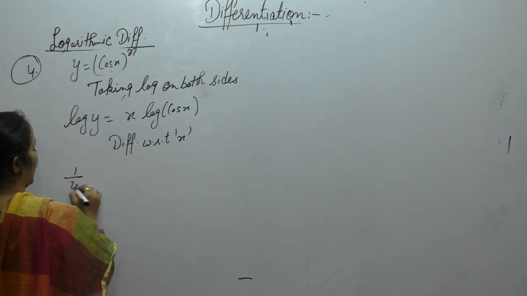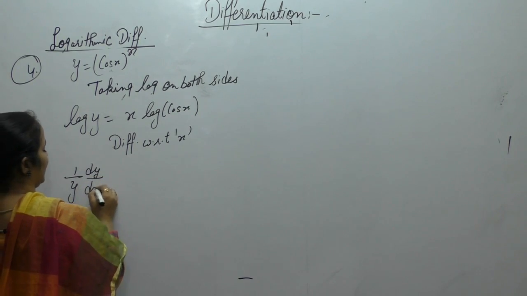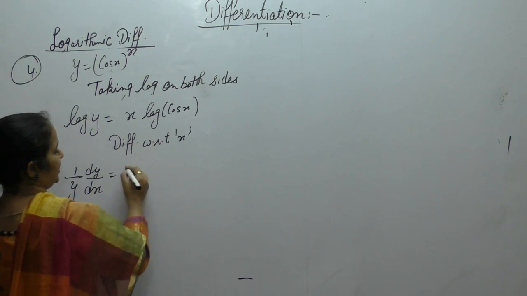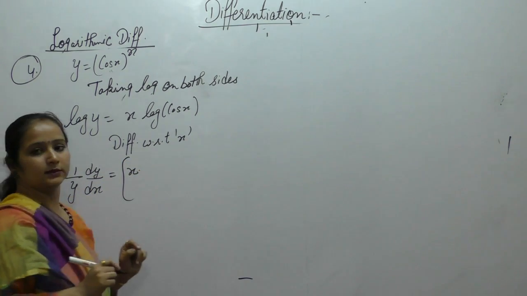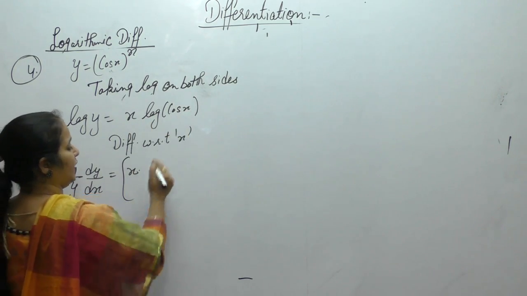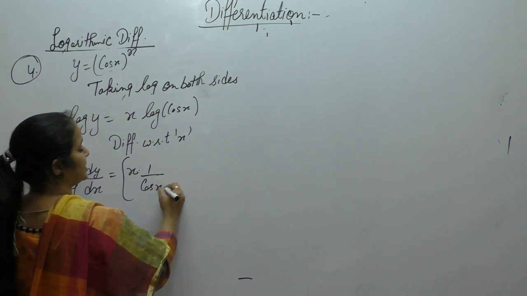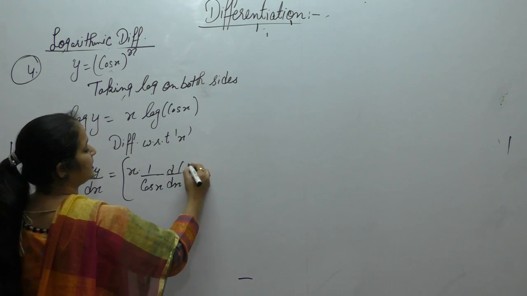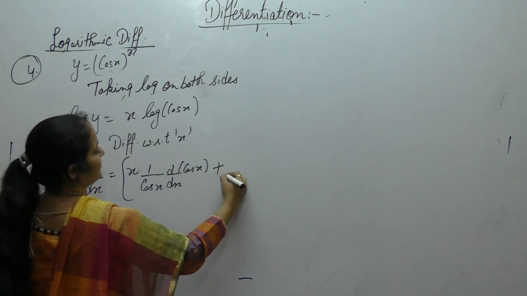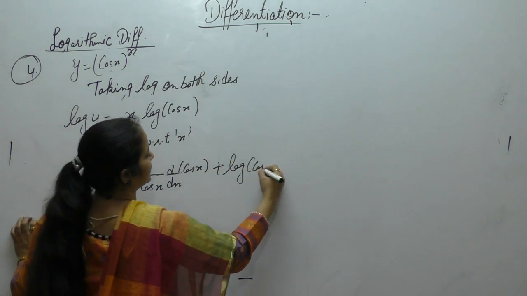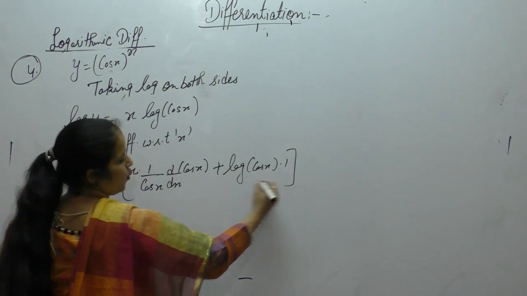Derivative of log y, 1 upon y, dy upon dx. First function, derivative of second: derivative of log x, 1 upon x. Since this is cos of x, so the derivative of cos x, plus second as it is, derivative of x is 1.